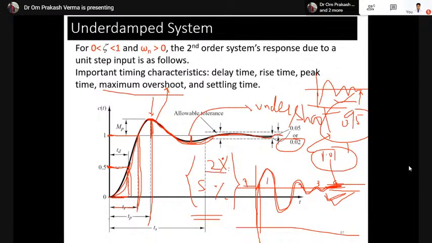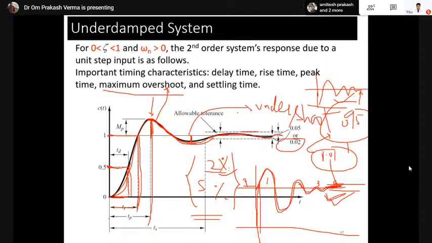So 2% means we can tolerate 1.02 at maximum, and similarly 0.98 for the 2%. Okay, so these are the tolerable values. The tolerance is defined in the control system, for the second order underdamped system response.